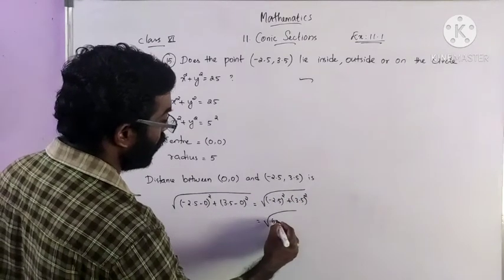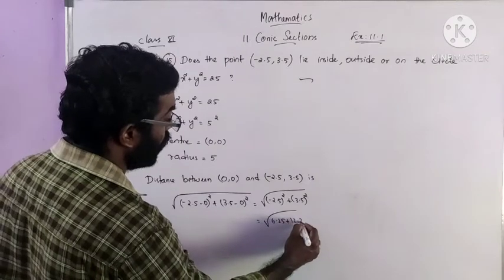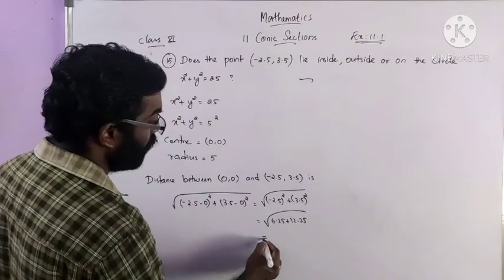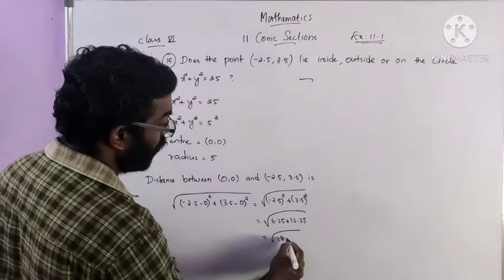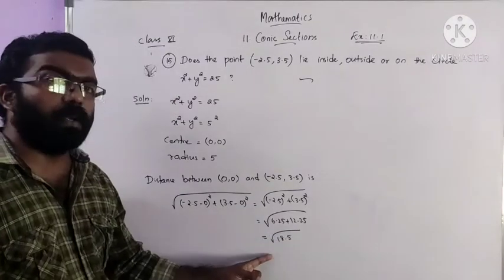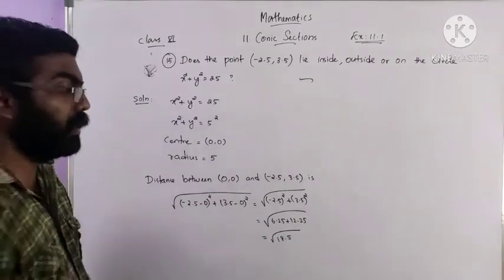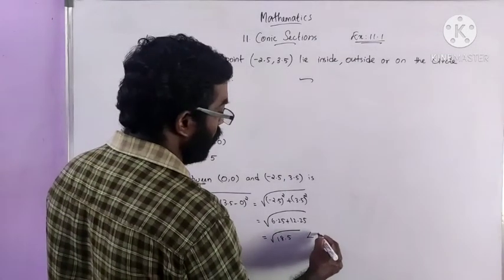That is 6.25 plus 12.25 and which is equal to root of 18.5.